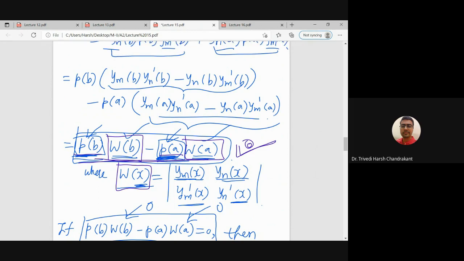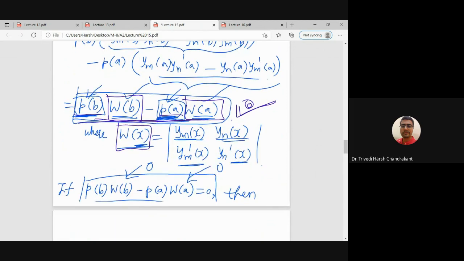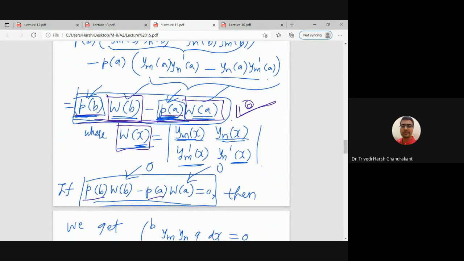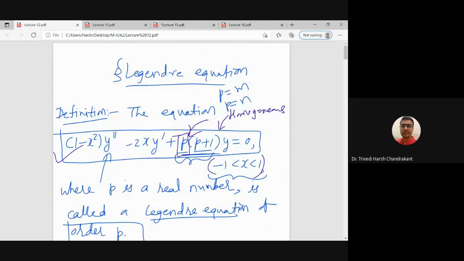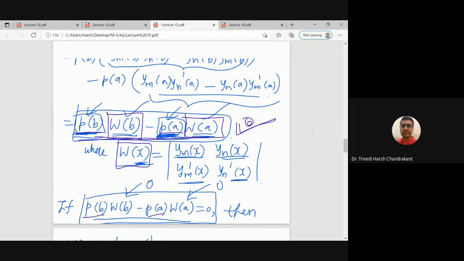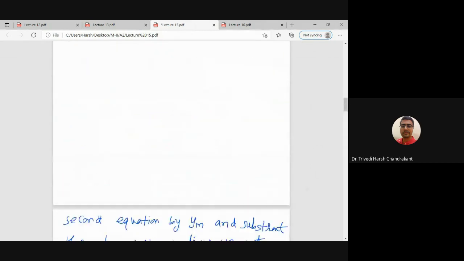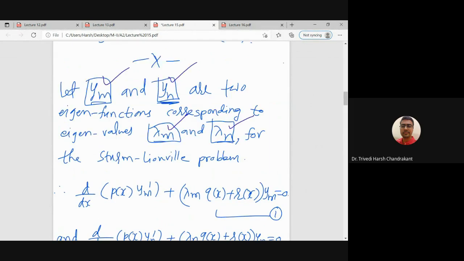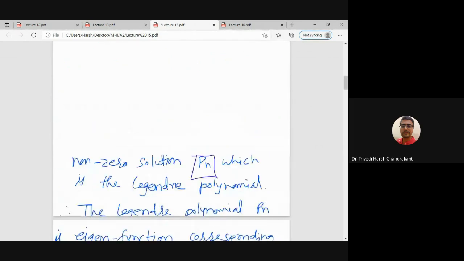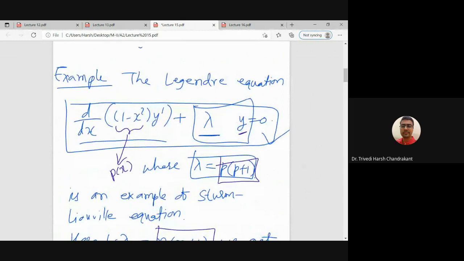Whenever we consider the Legendre equation, p(a) and p(b) are 0 because the polynomial is 1 minus x square. We also mentioned here that in the Legendre equation, if we compare with the Sturm-Liouville problem, the p(x) term is 1 minus x square, which is 0 at the end points of the interval.